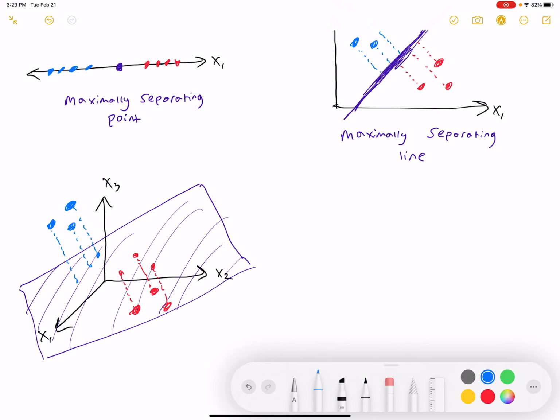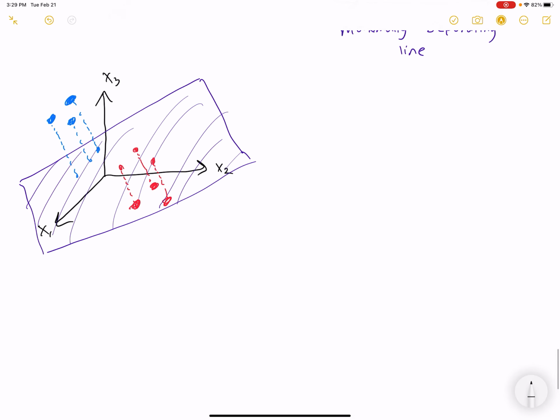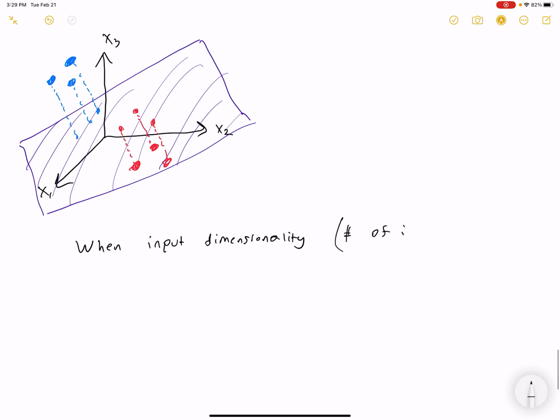And when the input dimensionality is greater than 3, which it usually is, and usually we can't visualize our data like this without dimensionality reduction, which we'll learn about later. When the input dimensionality, so just to be thorough, that's the number of input features.